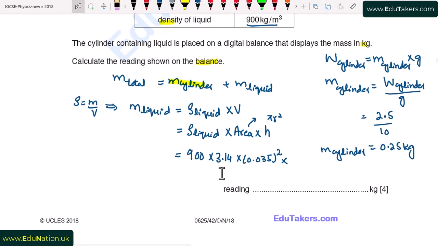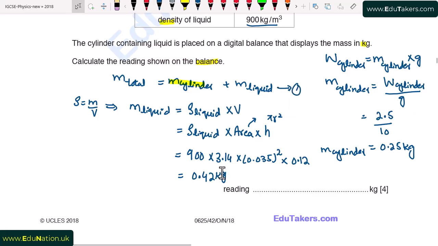I also have to convert this into meter, and it will be 0.12. After simplification, the mass of the liquid comes to be 0.242 kilogram.